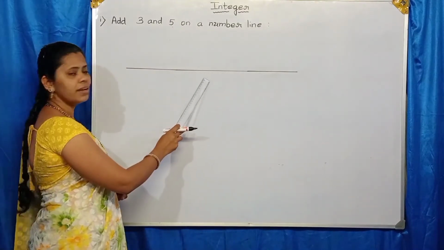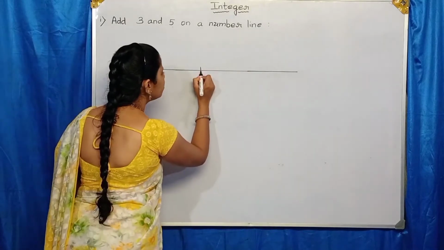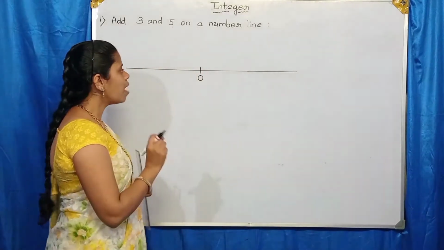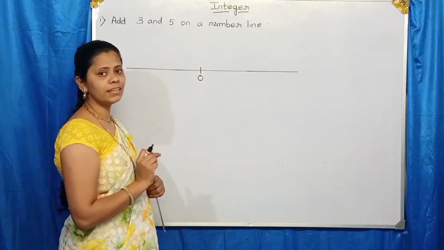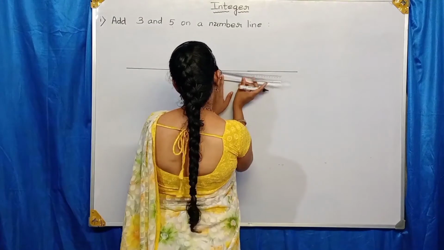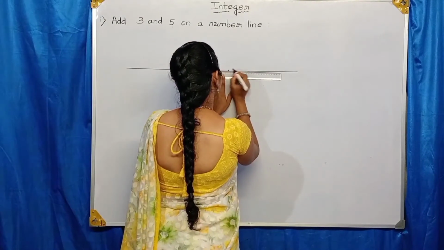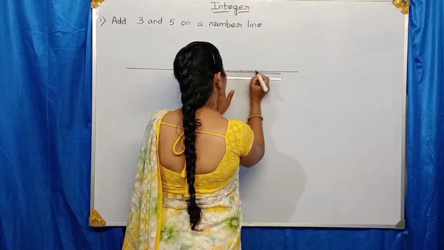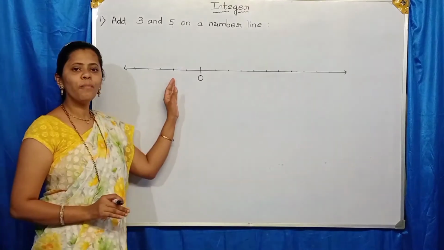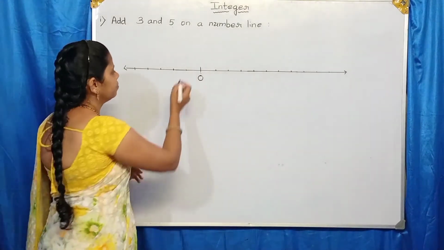We have drawn a line and marked the middle point as 0. Now, mark each point equidistant from one another. We have marked each point equidistant from one another.